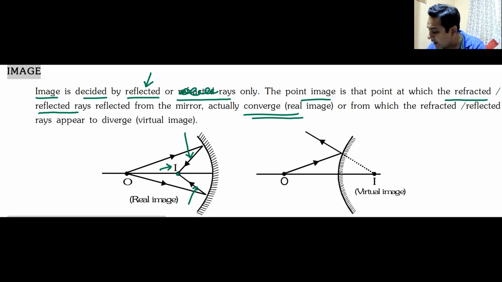This point is I. Since they are actually meeting or actually converging, this image will be a real image. Do we understand this? The reflected rays are actually meeting, and therefore the image is real.